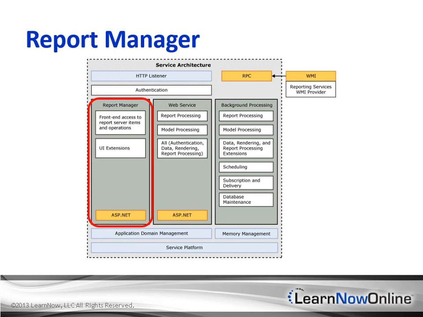It's a web browser-based interface that requires no client-side installation. You do have to configure Report Manager before it's available for use, and you do that with the Configuration Manager. If you don't configure the URL to provide access, you essentially disable Report Manager for that report server instance.